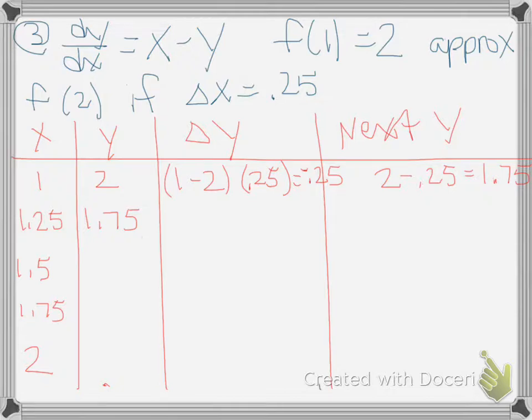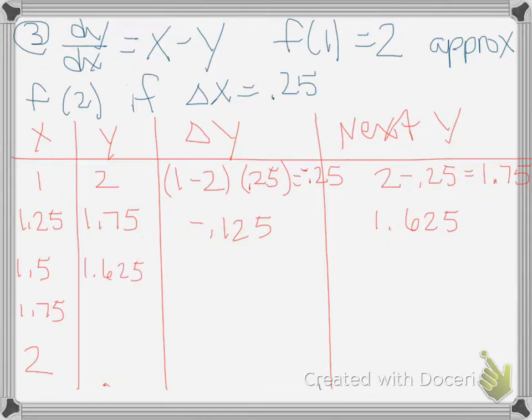All right, so again, I have 1.25 minus 1.75 times 0.25 gives me negative 0.125, which would give me 1.625 over here.